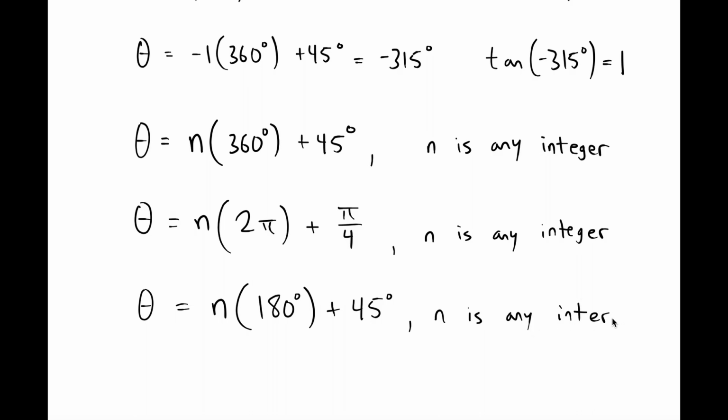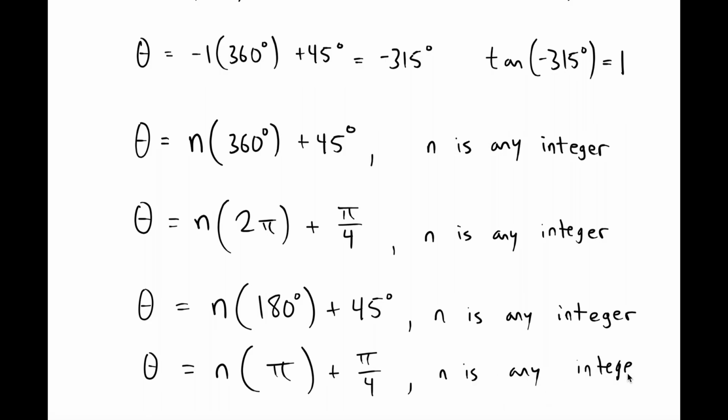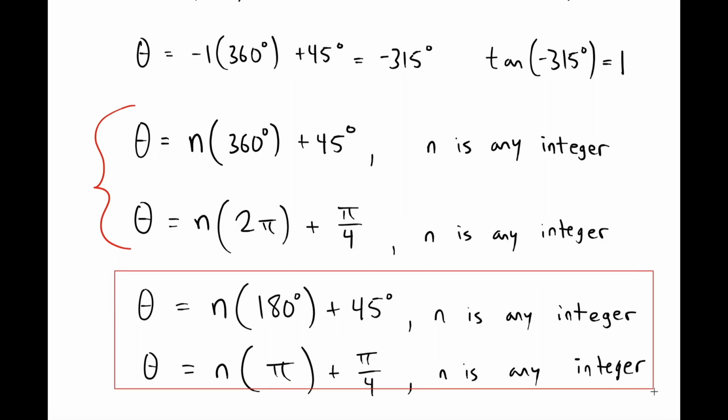This takes into account angles where we're in quadrant 1 or quadrant 3. So as far as the radian answer goes, it would look like this. So these answers here just don't include enough possibilities. Our final answer is going to be this.